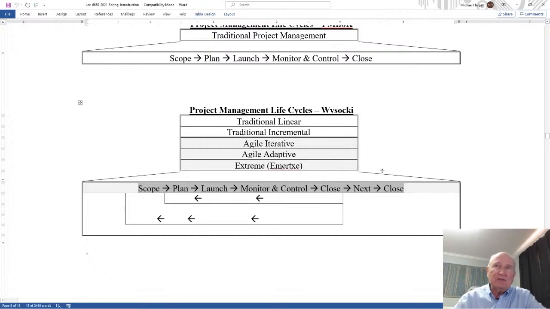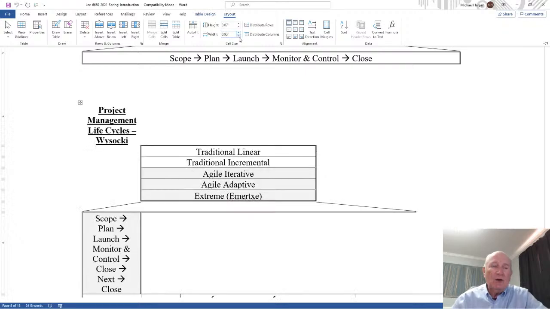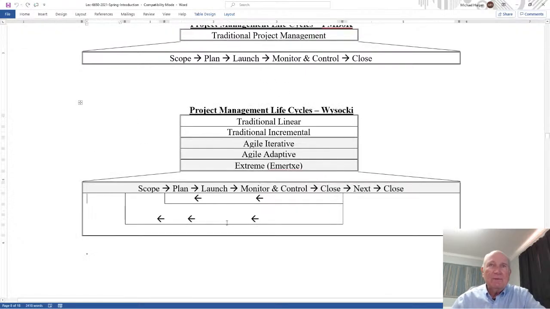There's where you have your iterations. Agile will have iterative and adaptive. And finally, extreme is going to be feedback to the scope. It's a little bit off here. Okay, this should be the plan, and this should be the scope. There we go.